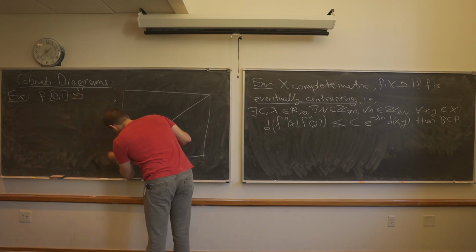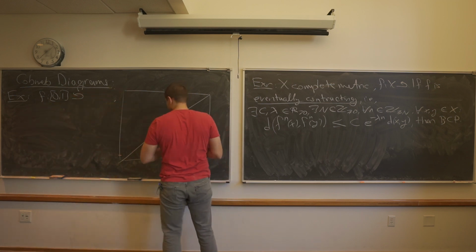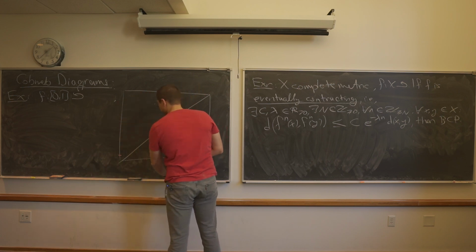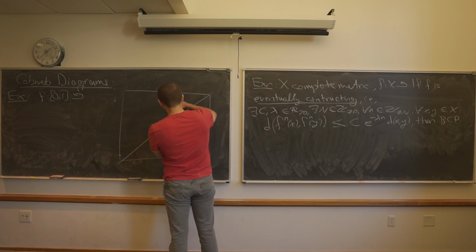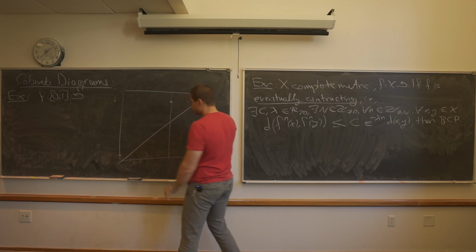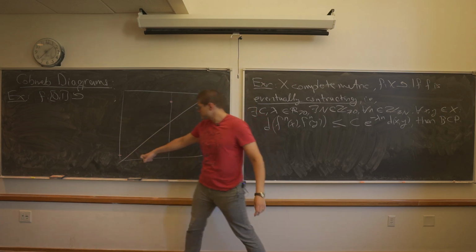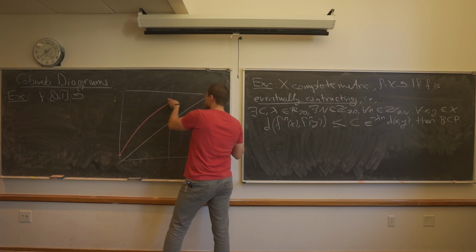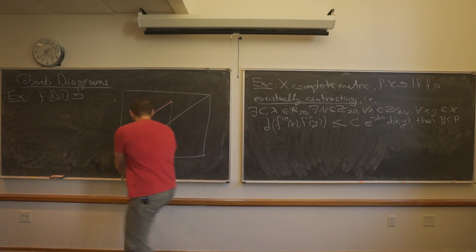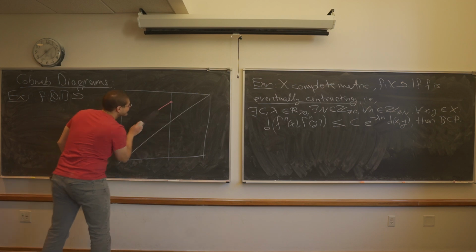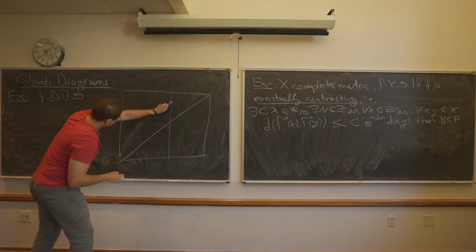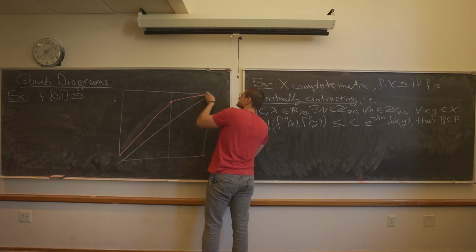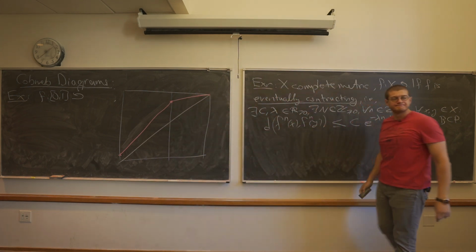So, epsilon. And I want to have a point, let's say, here. And let's say this is my control point. Clearly, this distance is larger than this distance. Okay, that's what I want. It's even worse. Okay, you understand. This is my f.